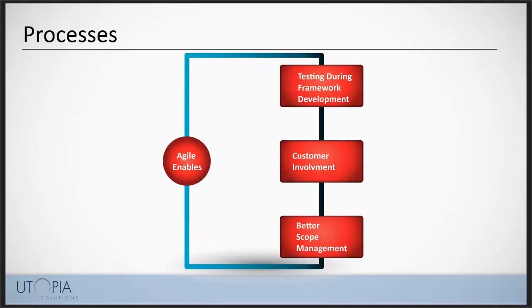That's really what our principles are here to address. Agile is going to enable three key things. It's going to enable automated testing during framework development. It's also going to enable, or really force, customer involvement. And it's going to help with scope management. We're going to dive into that next.